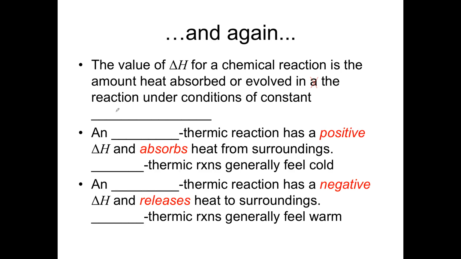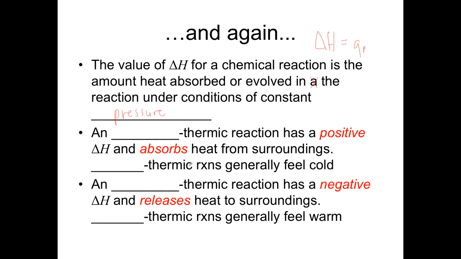Conditions of constant pressure. The value of the change in enthalpy for a chemical reaction is the amount of heat absorbed or evolved in the reaction under conditions of constant pressure. In other words, the change in enthalpy is equal to heat at a constant pressure.